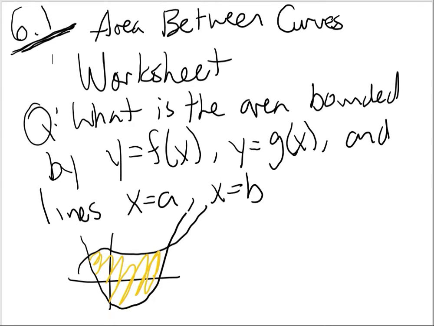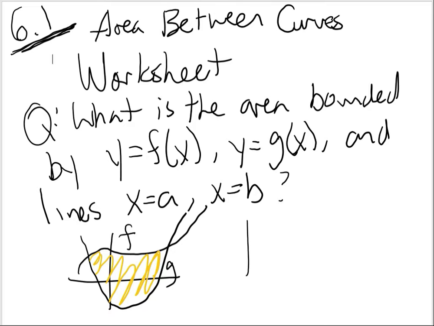Okay, so that's not quite the area under the curve, right? But maybe we should approach it as area under the curve just to see if we can somehow use integrals to find out what that area is. So I'll call the top one f and the bottom one g.